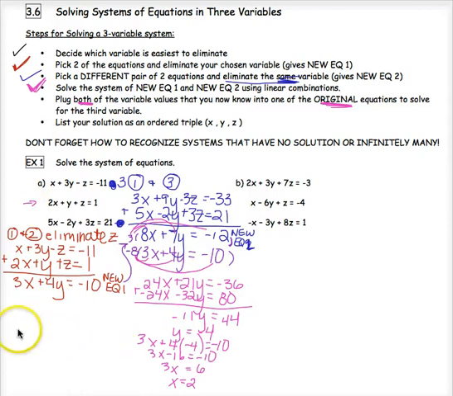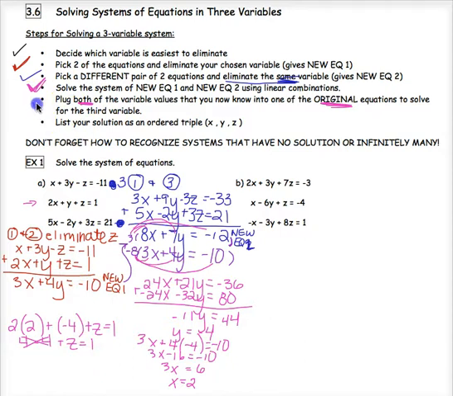So when I plug that back in, 2 times x, which is 2, plus y, which is negative 4, plus z equals 1. So 2 times 2 is 4, plus negative 4, plus z equals 1. These cancel, those give you 0, so z is 1.